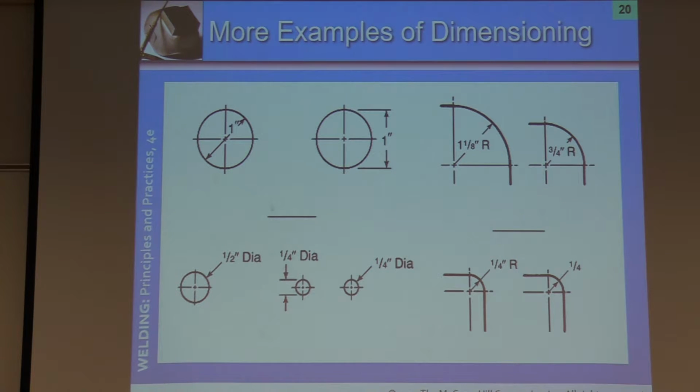So here's more examples of dimensioning. Trying to see where we are in the book. It looks like we're on page 980.